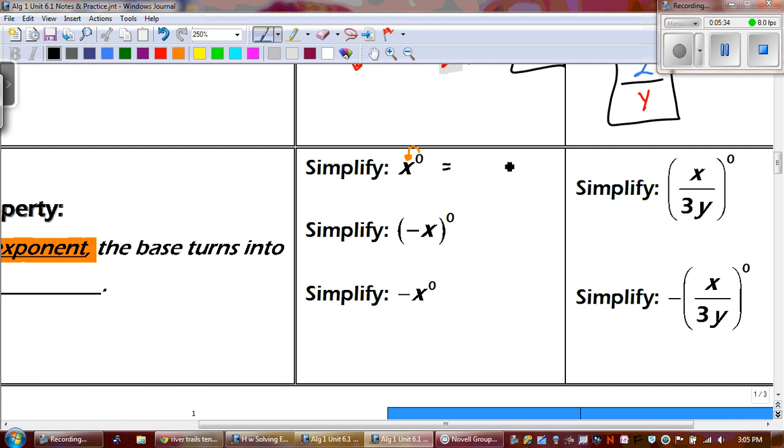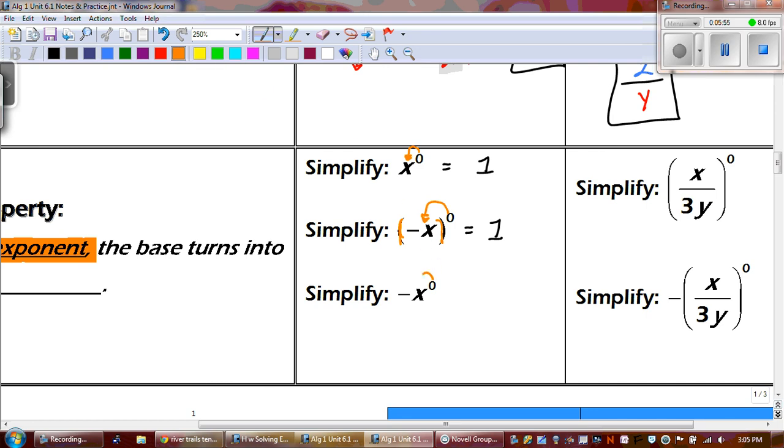So if your exponent's 0, your base turns into 1. Your entire base, so this whole part inside the parentheses is my base. That whole thing turns to 1.